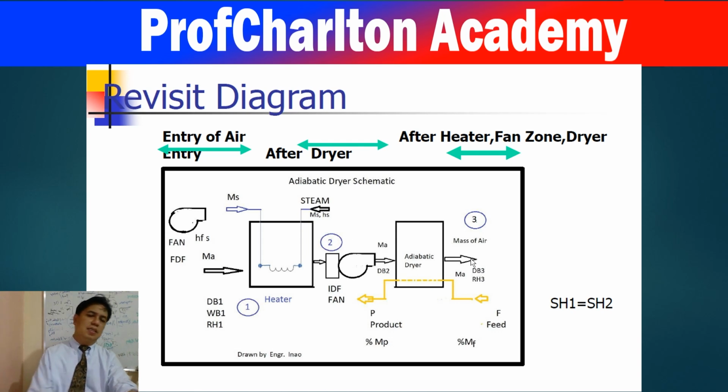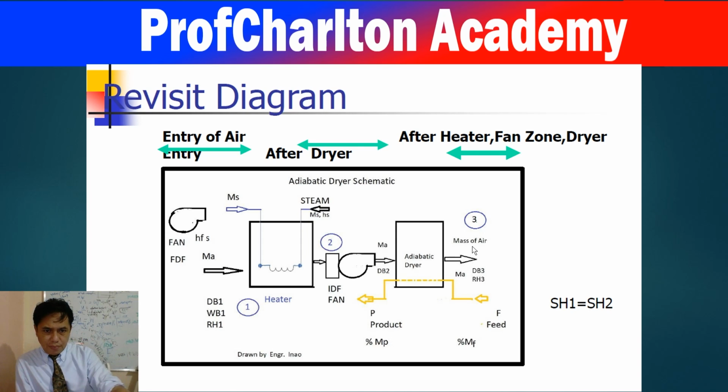So this is the discharge or the output of the dryer. You can find these parameters like the mass of air, dry bulb 3, and relative humidity 3, because you are at point 3. What can you say about the specific humidity? The specific humidity at point 1 and at point 2 is the same. So SH1, the specific humidity at 1.